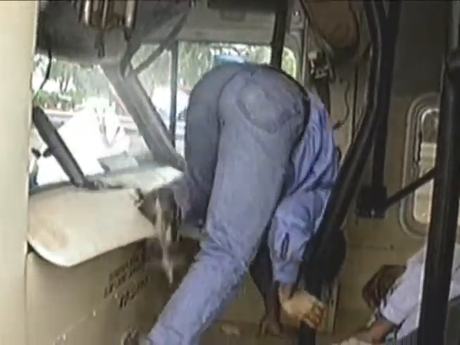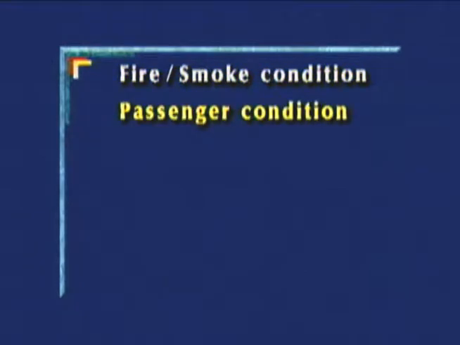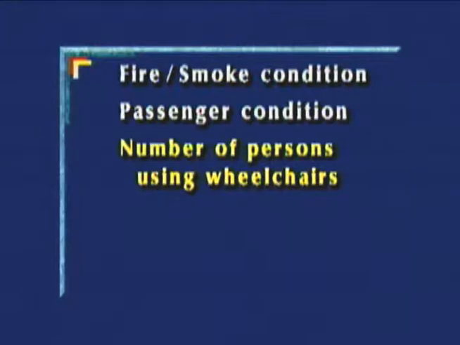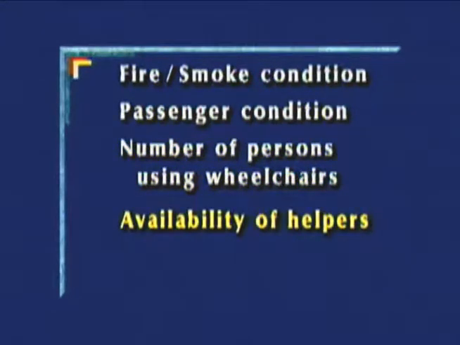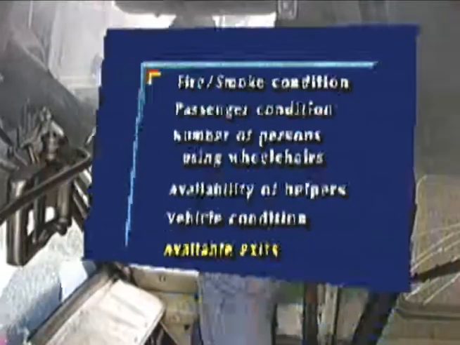You have assessed the situation and determined that evacuation is necessary because a smoke or fire condition exists or is imminent. You must also note the following: the severity and intensity of the fire condition, the medical condition of the passengers, the number of passengers using wheelchairs, the availability of personal care attendants or ambulatory seniors who may help in the evacuation, the vehicle condition, and the available exits.